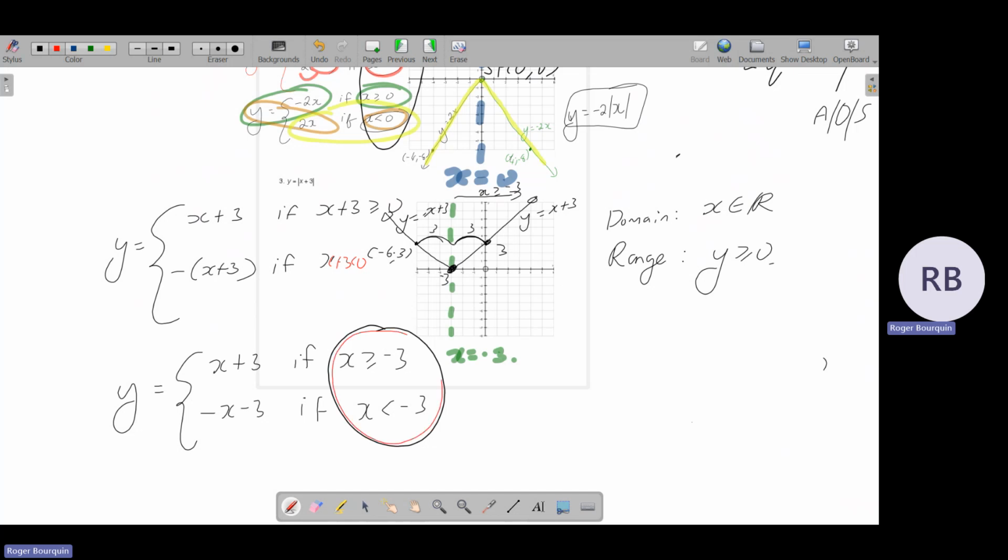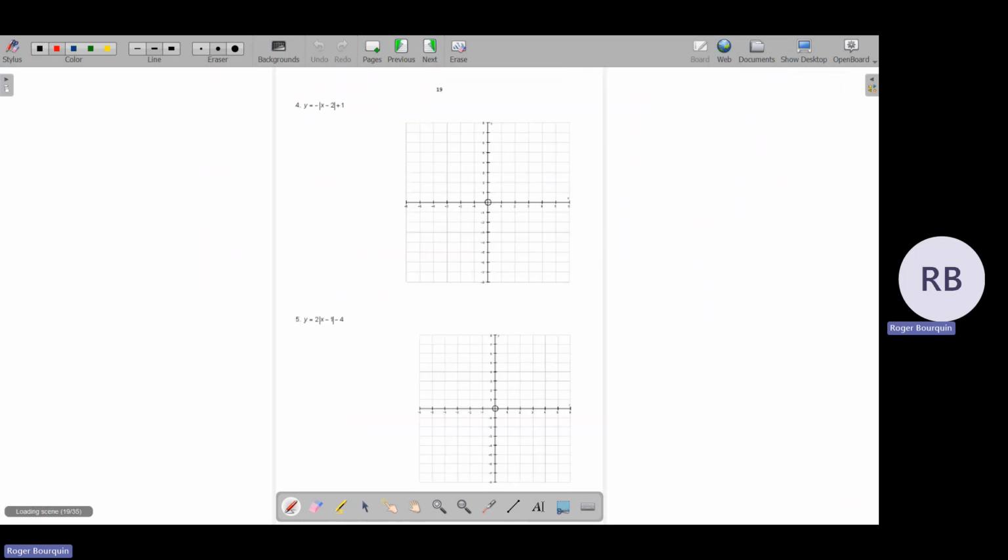In this case, the split happens when x is equal to negative 3. When x coordinates are bigger than negative 3, I drew the graph y is equal to x plus 3, always labeling the intercept. When x values are smaller than negative 3, I drew the graph y is equal to negative x, it should have been minus 3 over there. So we're just using the split. We're not always going to draw them like this.